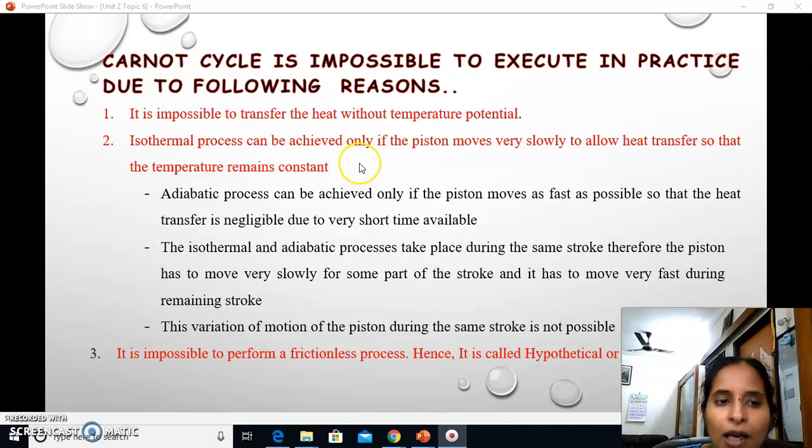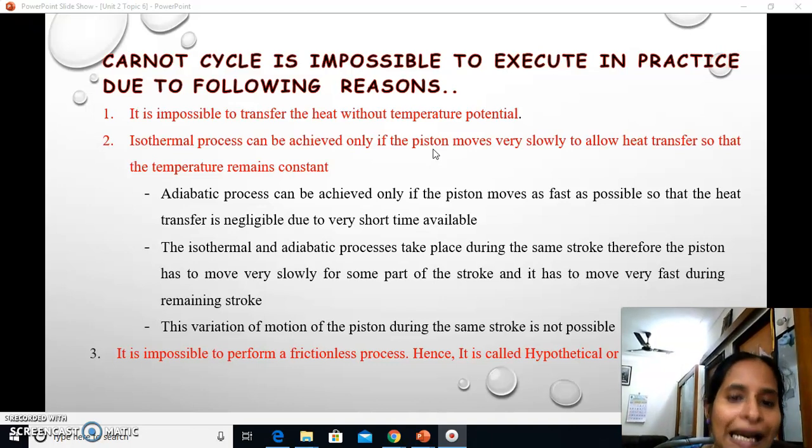How is it possible? Practically you can do it only if the piston moves very slowly, in such a way that every kilojoule of heat is absorbed by the molecules so that the temperature does not increase.